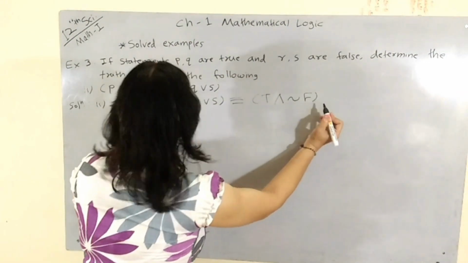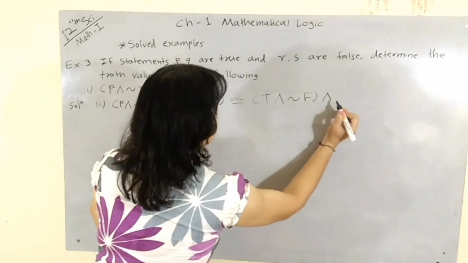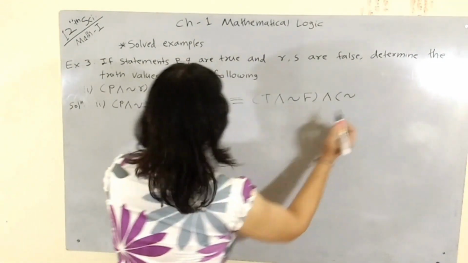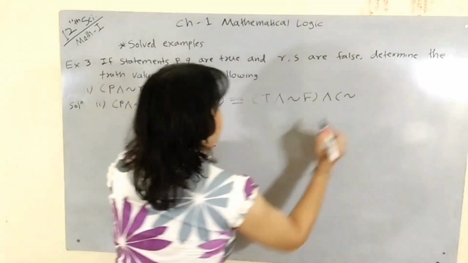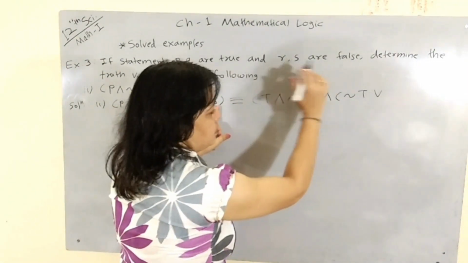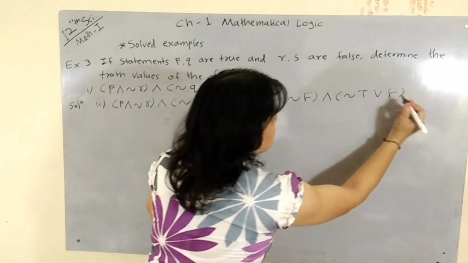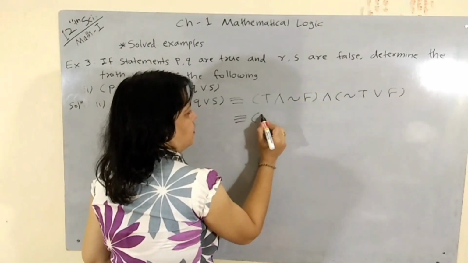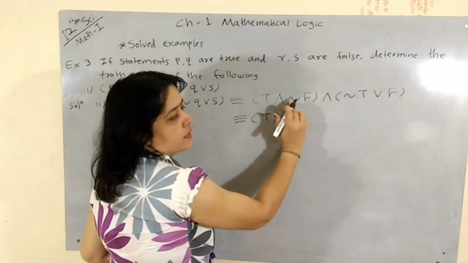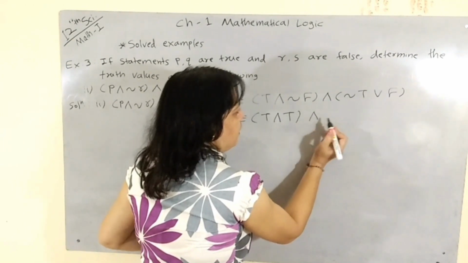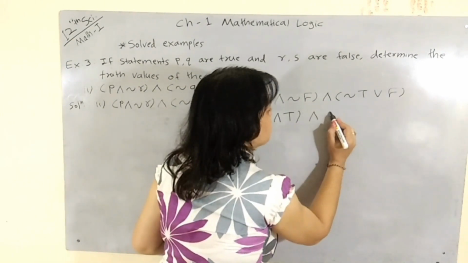So write F, and negation of Q is true, or S false. So write false. This is equivalent to T and negation of false true, and negation of true false.